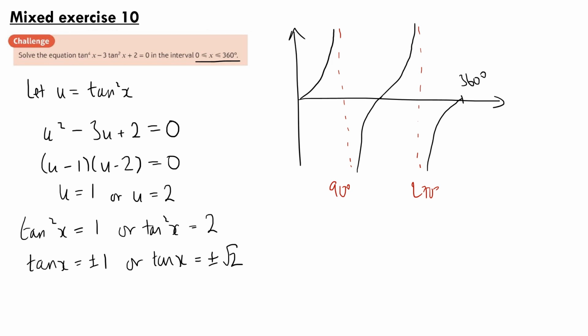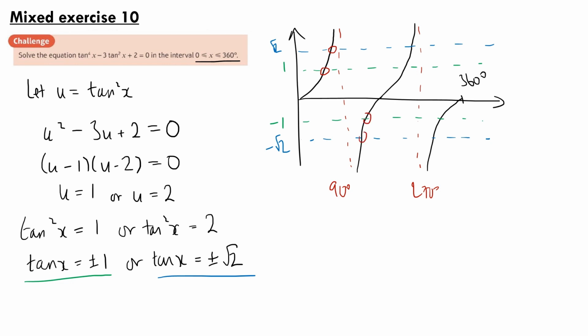And so looking at plus or minus 1, which I'll do in green, here, so minus 1 and 1, and then in blue, tan of x is equal to plus or minus root 2. So up here is root 2, and down here, minus root 2. We can see that we have 8 different solutions in total, all between 0 and 360 degrees.